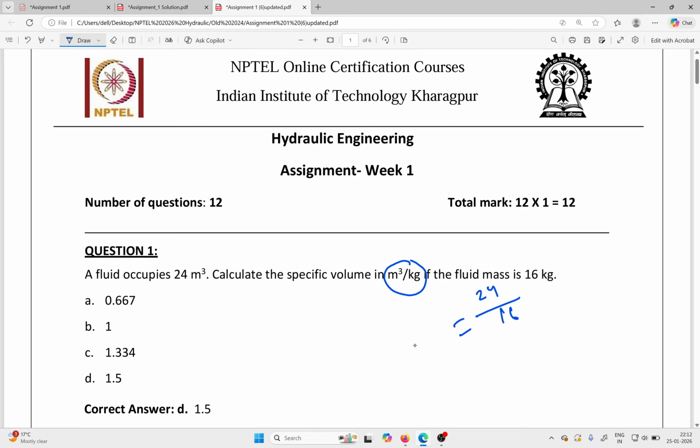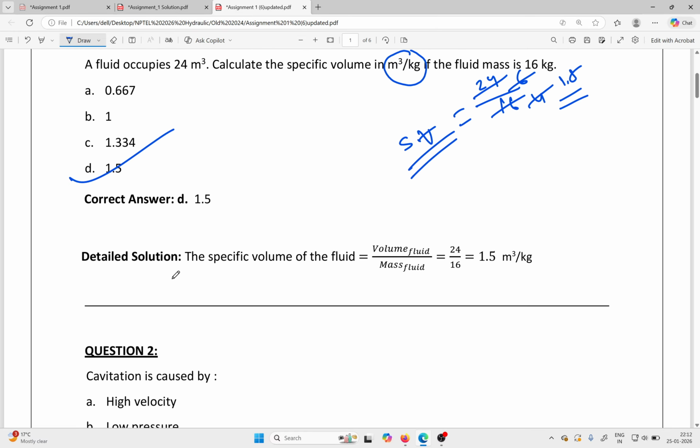So 1.5. Option D will be correct. Next question.